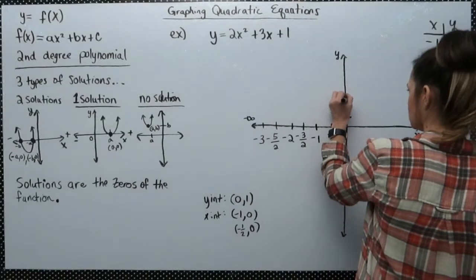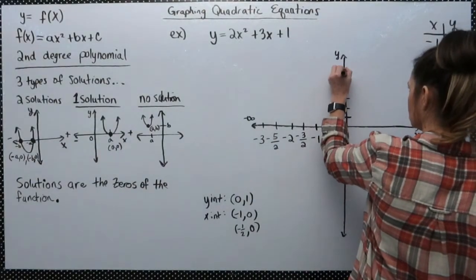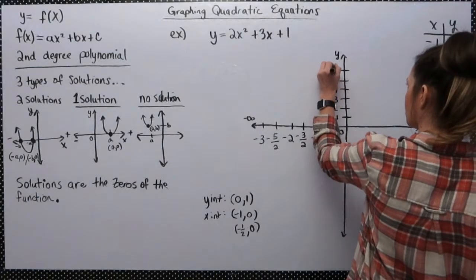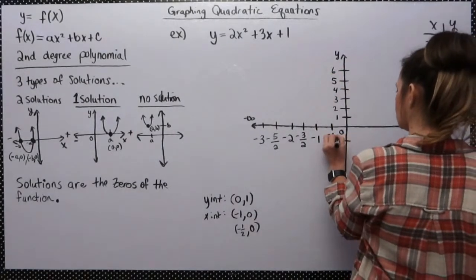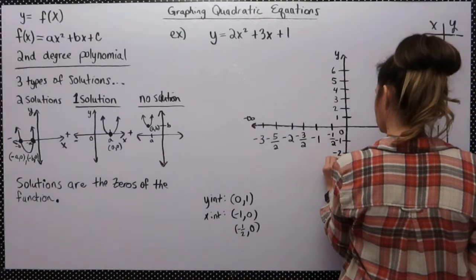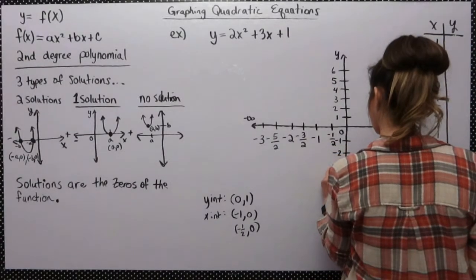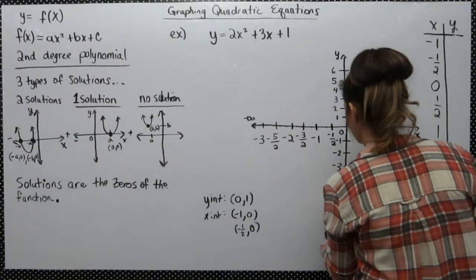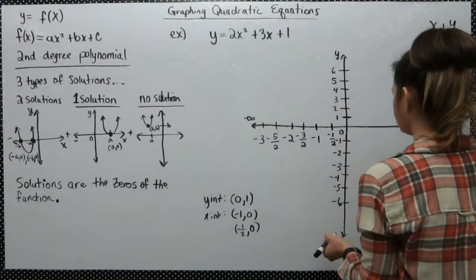Let's go ahead and just list some more values in our range. Let's see, 1, 2, 3, 4, 5, 6. And go down here, -1, -2, -3. And it's a rough sketch, so it doesn't have to be perfect.